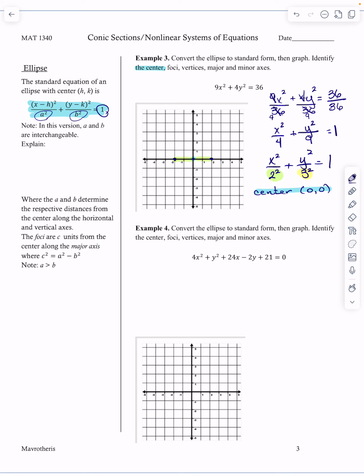So b is 3. That tells us we go up 3 and we go down 3. So our vertices are at negative 2, 0, and 2, 0, 0, negative 3, and 0, 3. And here's our ellipse.